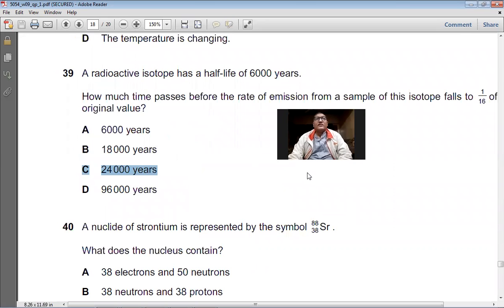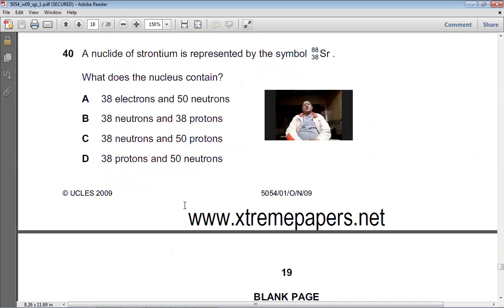So we have the next question, and the next question is this one. He says a nuclide of strontium is represented by the symbol Sr 38 88. What does the nucleus contain? I can break it down, and let me show you.